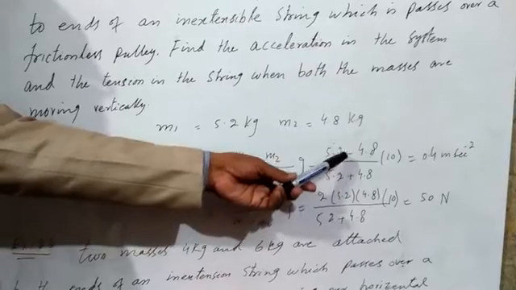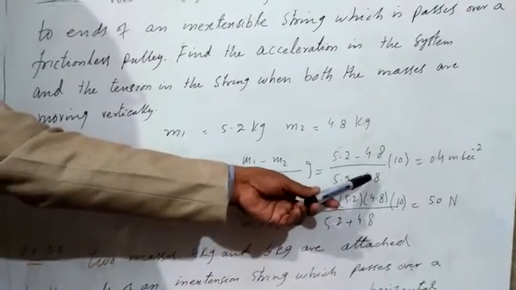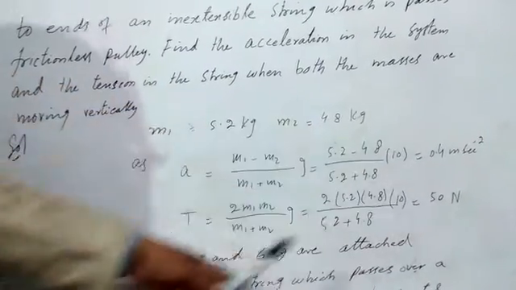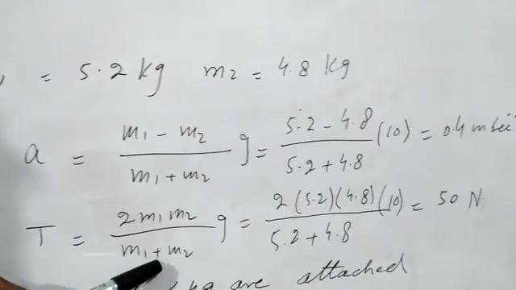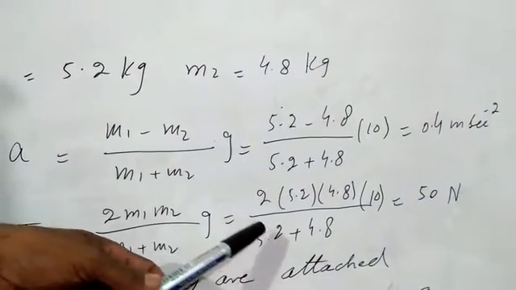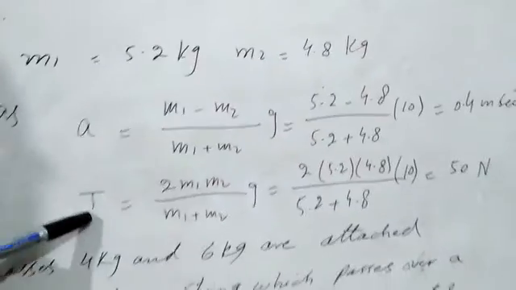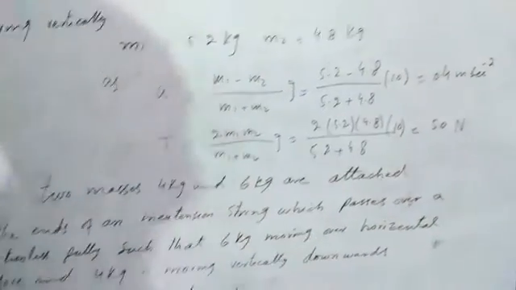Putting the values, 5.2 minus 4.8 by 5.2 plus 4.8 multiplied by 10. Finally, we have 0.4 meter per second square. Tension: 2 M1 M2 by (M1 plus M2) g. Putting the values, finally we get 50 Newton, which is a force. Due to this reason, its unit is Newton.